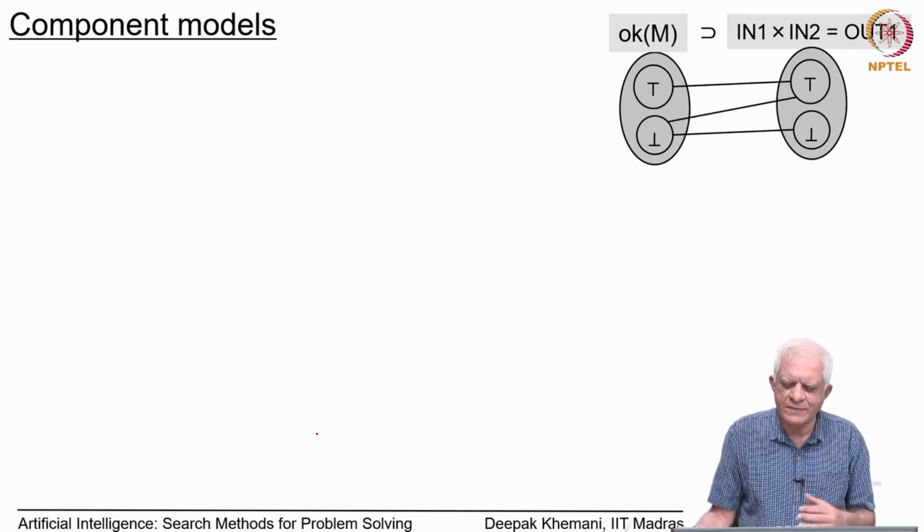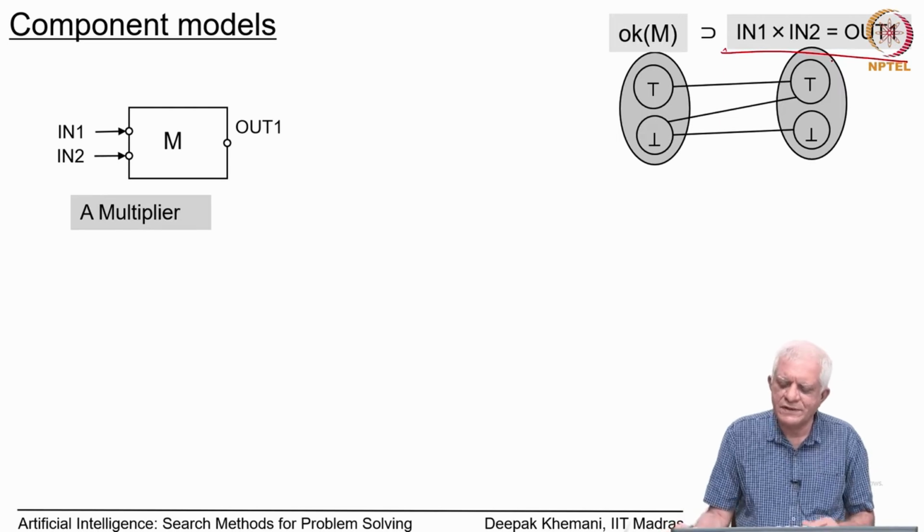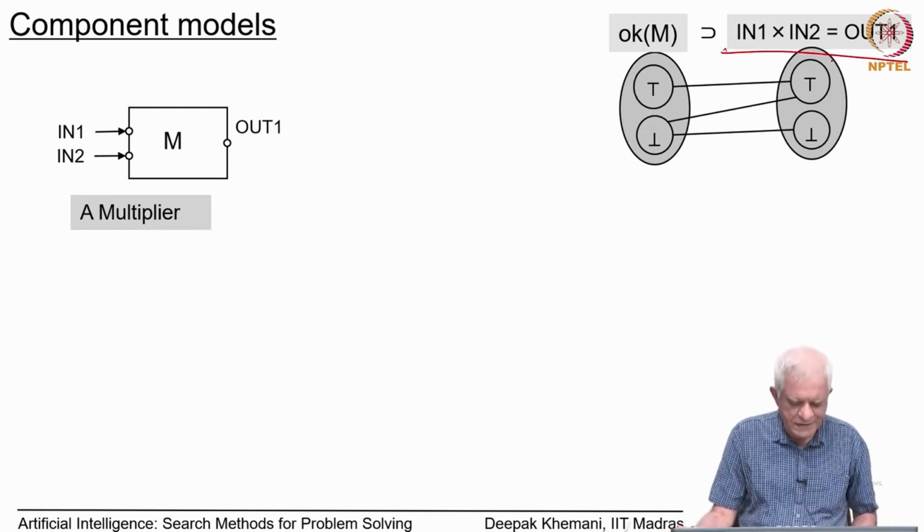One says OK(M), where M is a component, and OK(M) says that it is okay, it is not broken, it is not faulty. In this case I am talking about a multiplier. This is the component we are talking about, and it can be described by an expression that the input is related to the output by a product relation essentially.